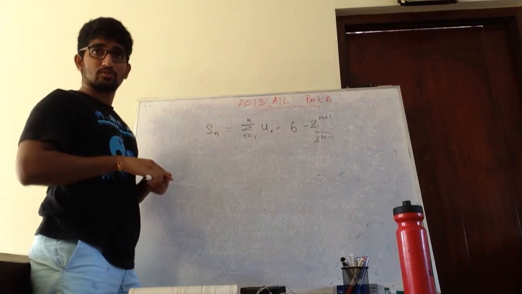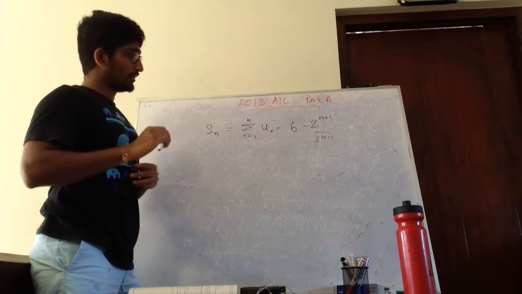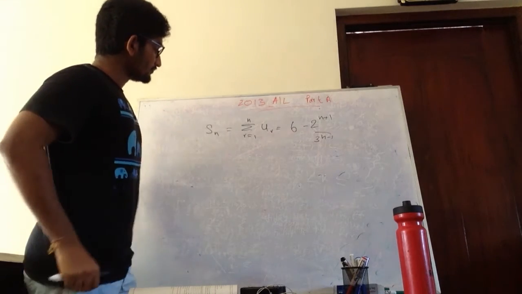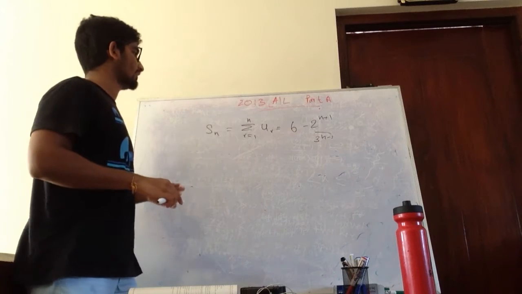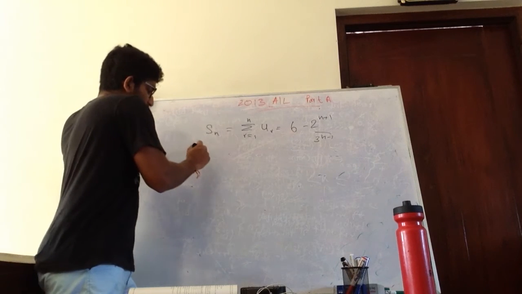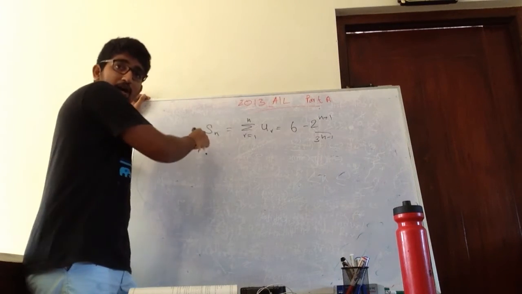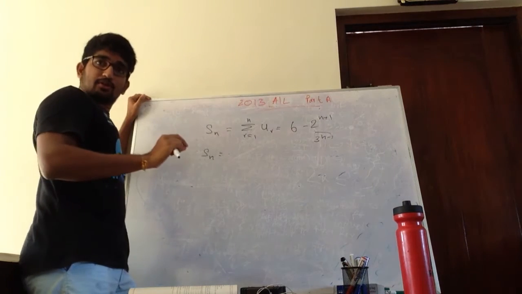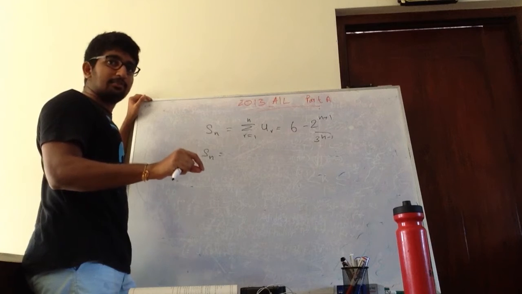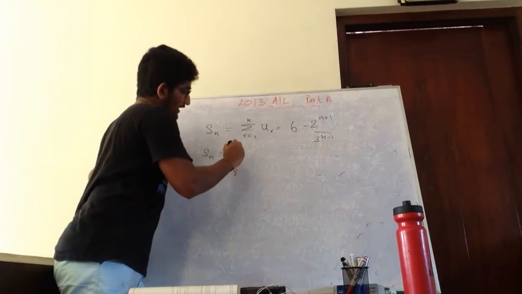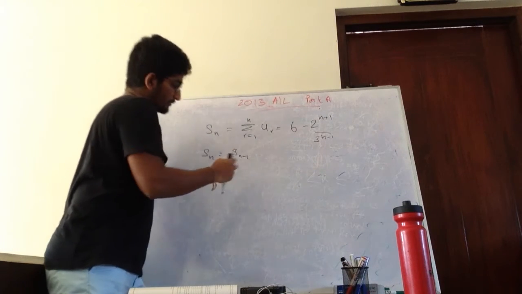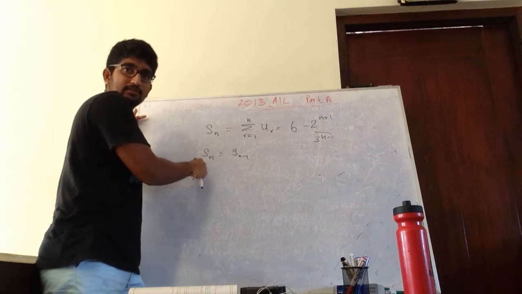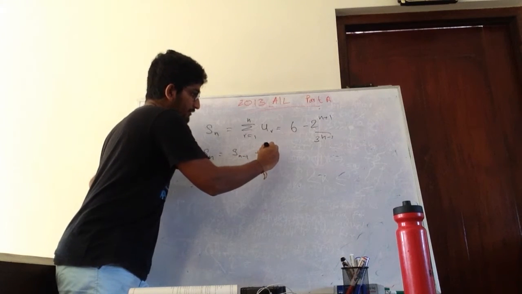Okay, so now how does this Sn come? Sn will be equal to Sn minus 1, that means the one before term of this, plus the nth term.